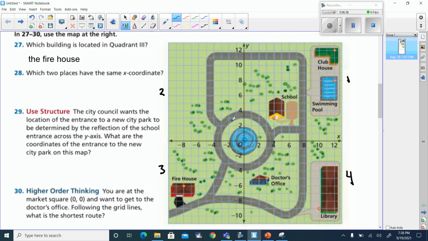So in order to reflect across the y, I would go the opposite, the inverse of 4, which would be -4, and then I have to still go up 2.5. So that would put me here and here, right? I'm thinking it's going to be at -4 and 2.5. So remember, we have to write the ordered pair as XY.